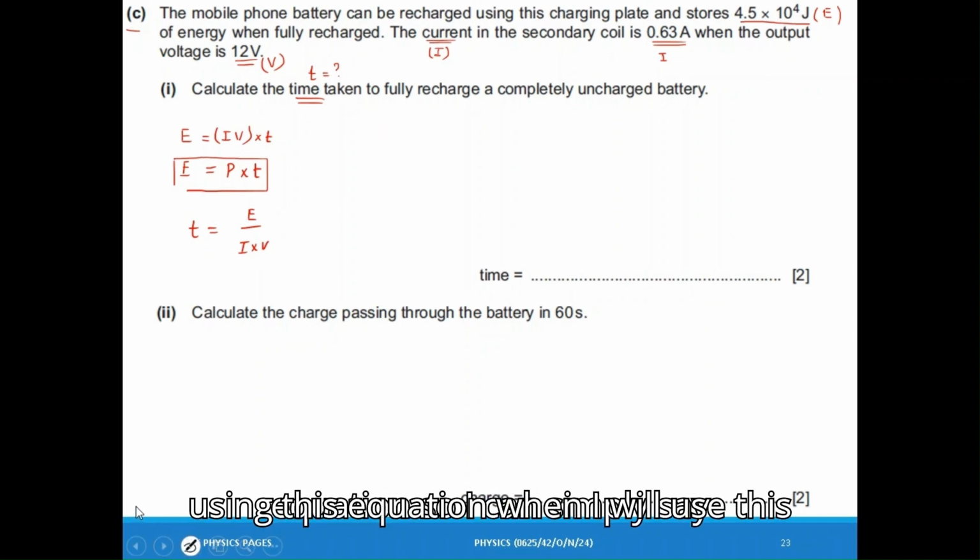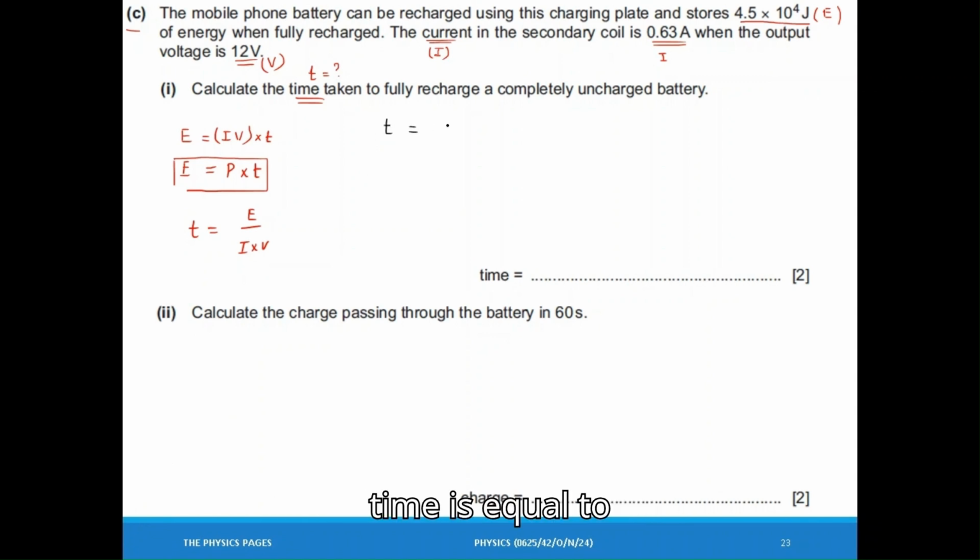So I can simply say time is equal to 4.5 times 10 to the power 4 joule over 0.63 amperes current times 12 volt.